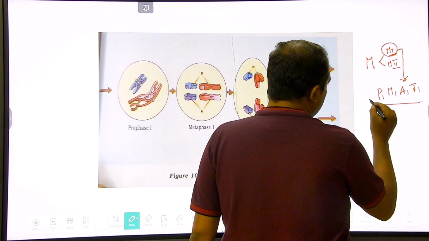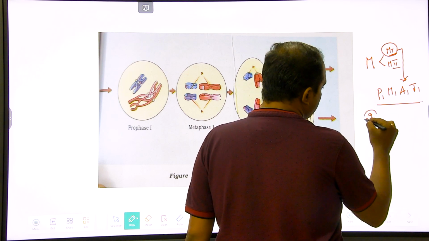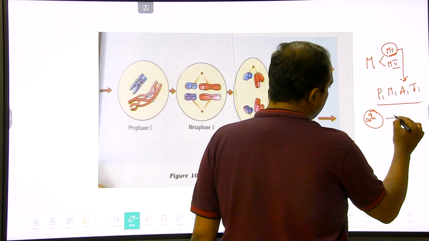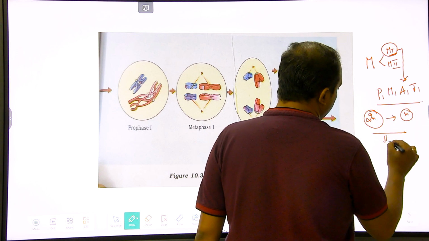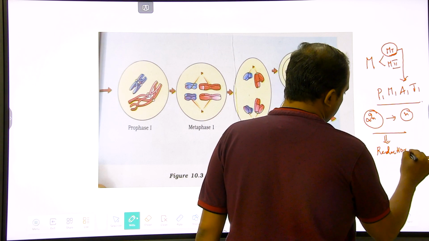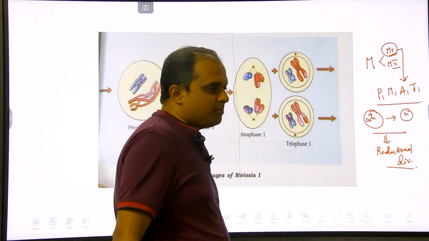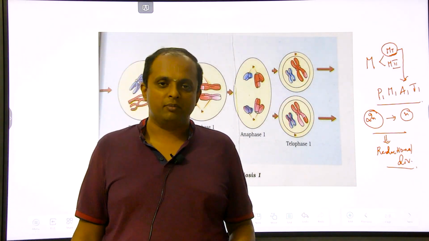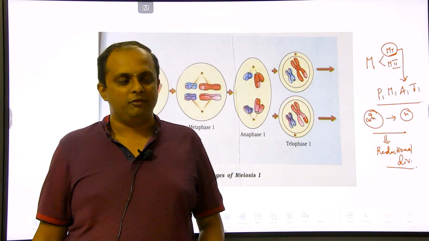And you know that at the end of meiosis, the ploidy of the parent cell, which is 2n, is reduced to haploid. Hence we call meiosis a reductional division. All these concepts were elaborately discussed in the previous video, so kindly get back to that video in case you have not viewed it.